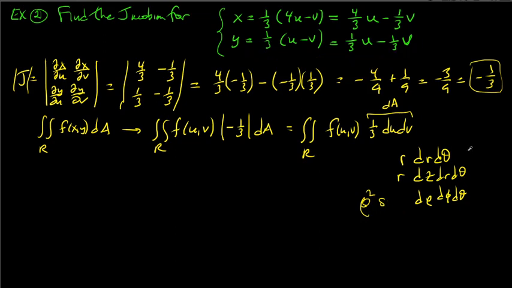Okay. So with that, now we can ask the question, well, why is this even useful, right? Why would you ever need to do something like this? And it just depends on what your region R looks like, right?